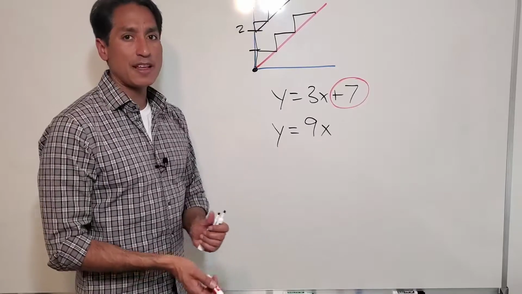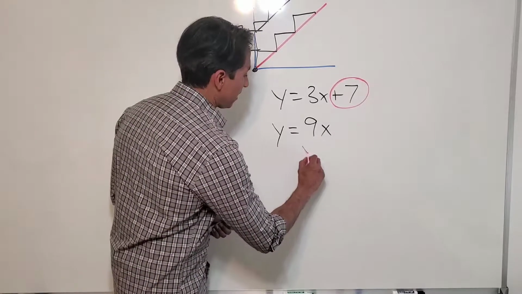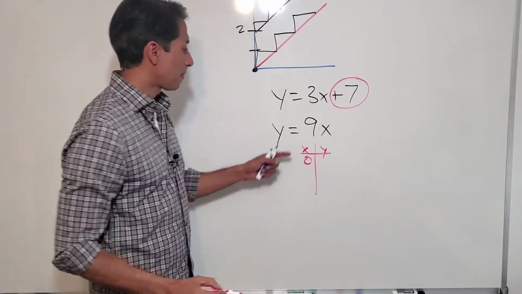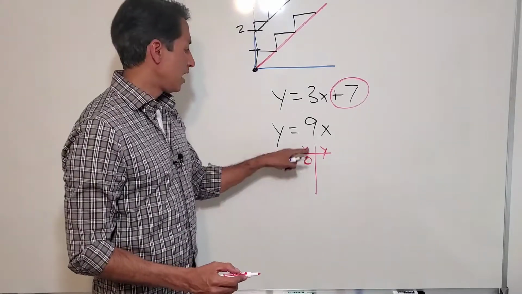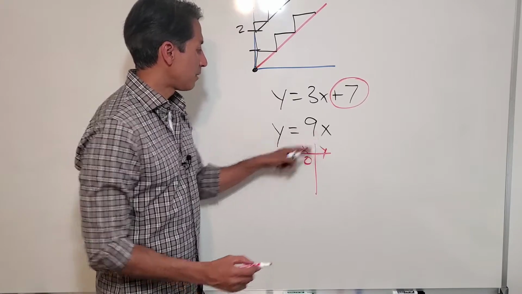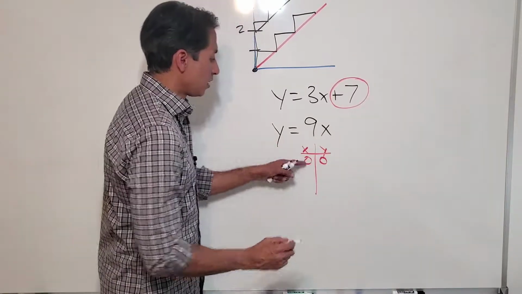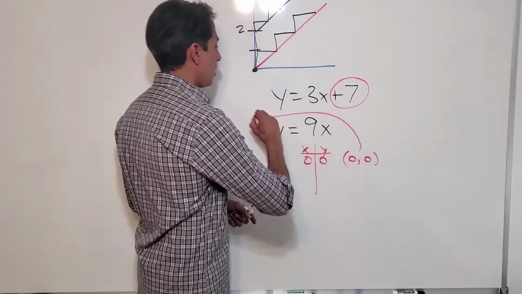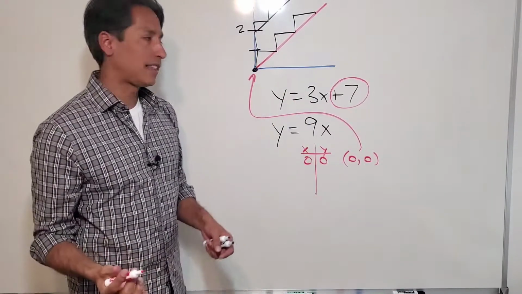Could you prove it in another way? Yes. I could make a table of values here. And when x is 0, what does y equal? If x is 0, 9 times 0 is 0. So my first ordered pair to start this guy off is 0, 0, which is right there at the origin.